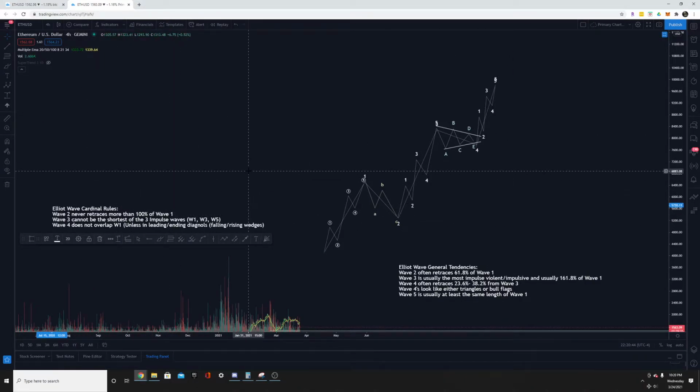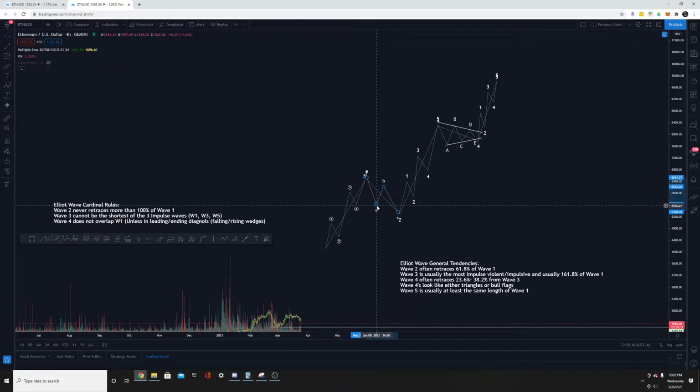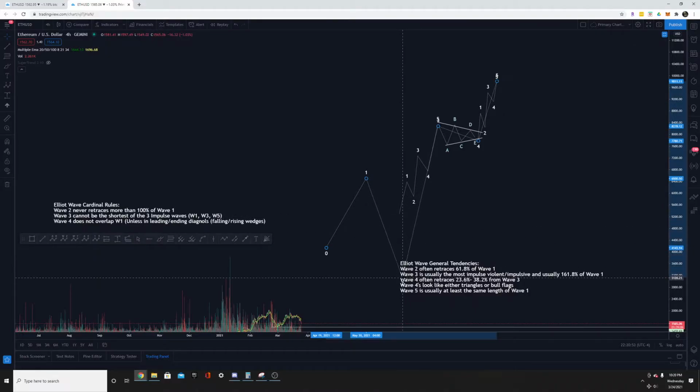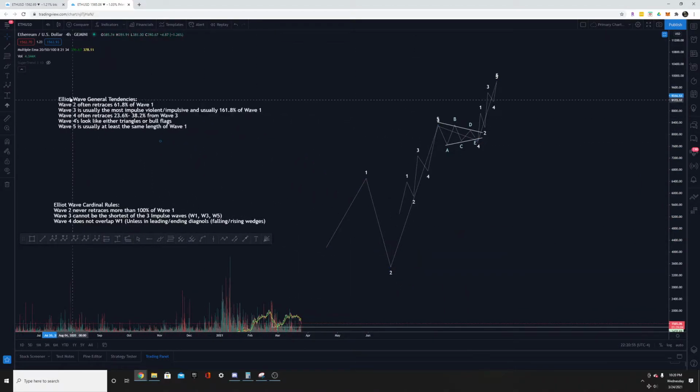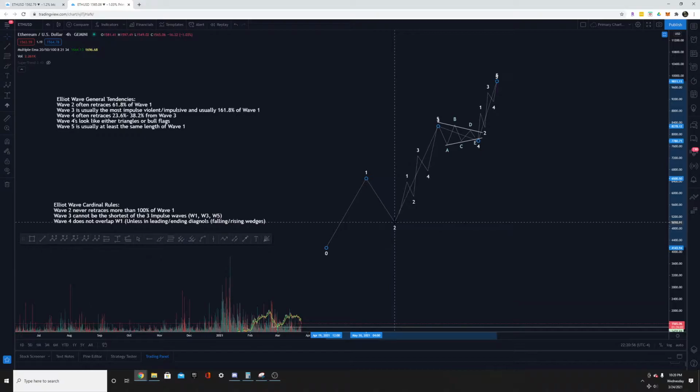Wave 2 can never retrace more than the length of wave 1. So it can never go like that. Okay, it can't do that. Wave 3 cannot be the shortest of the 3 impulse waves.